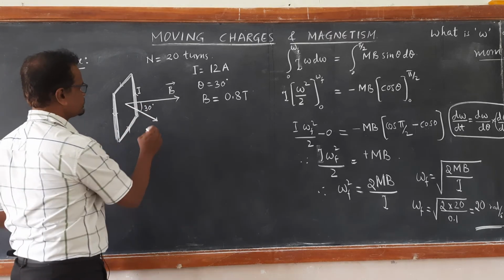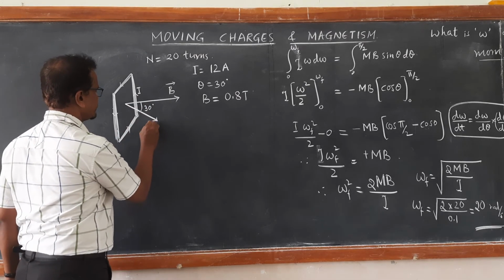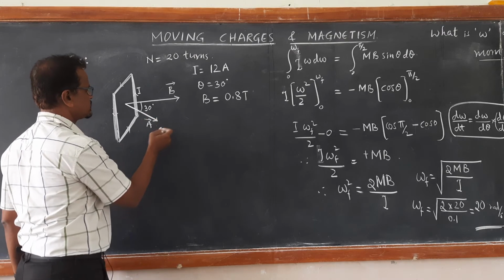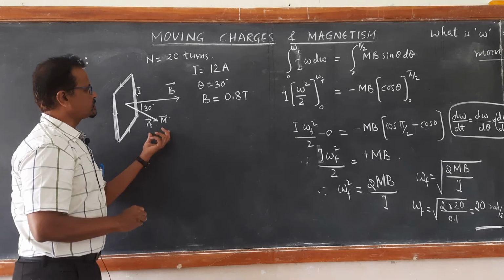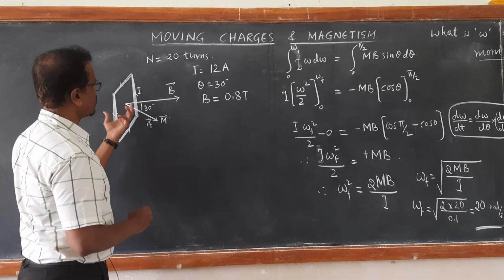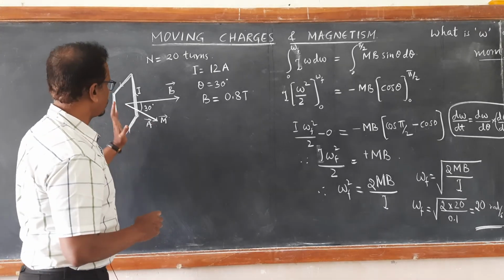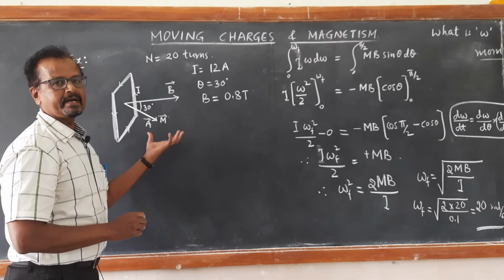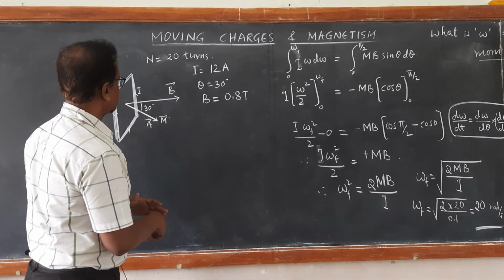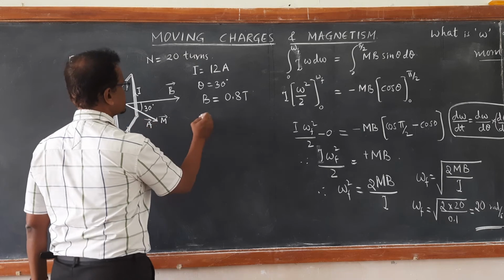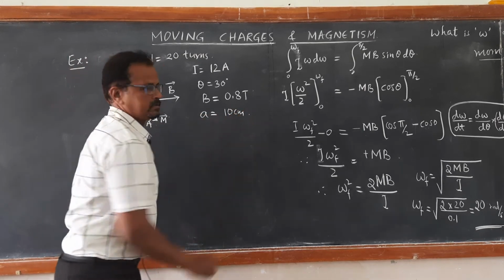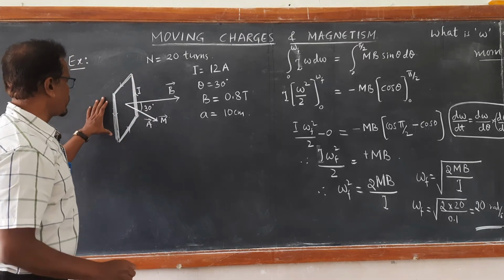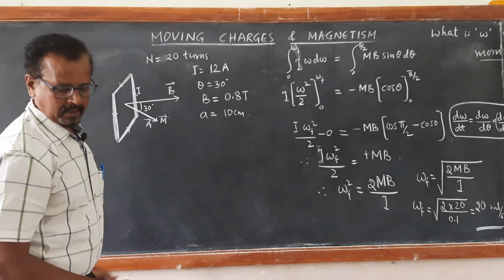This is the direction of the area vector, which is also the direction of the magnetic moment. You are asked to calculate the torque experienced by the coil and the magnetic moment of the coil. Each side is 10 centimeter, a square coil of side 10 centimeter, right?